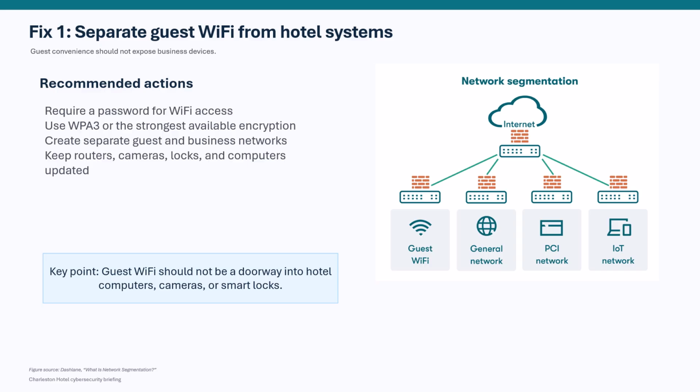Next, we want to separate our guest Wi-Fi from our employee or business Wi-Fi, since we don't want guests able to access system files, hotel guest information, or payment items. So we basically separate with a wall that's called network segmentation. We want to put a wall between what guests can access and what employees can access.